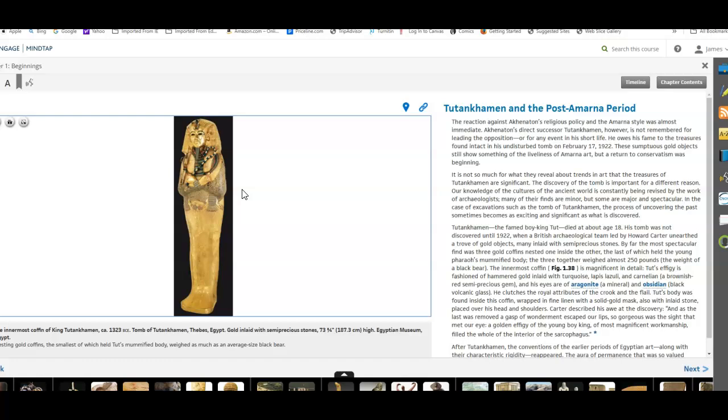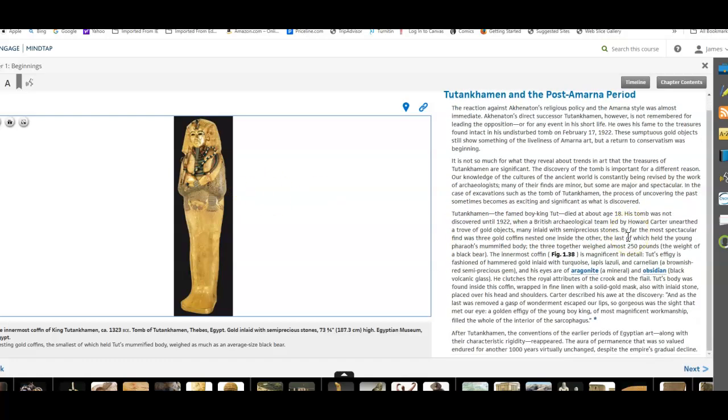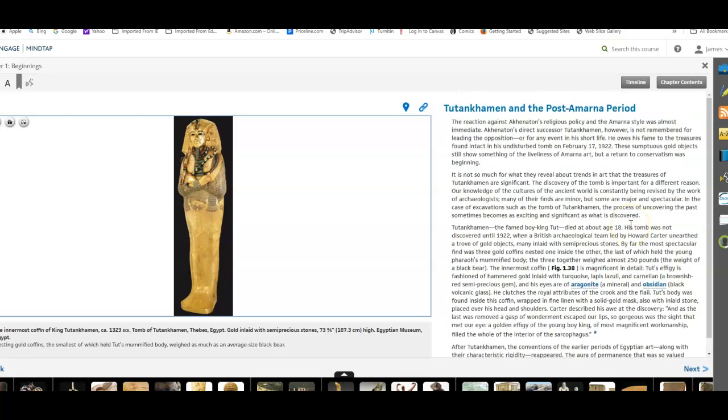It says that in his short life, he was the one that, as a boy, was influenced, and they went back to the previous religion. When his tomb was found in the early part of the 20th century, 1922, by Howard Carter, the reason it was found was because of Akhenaten, his father.